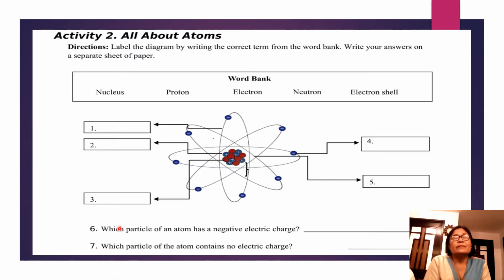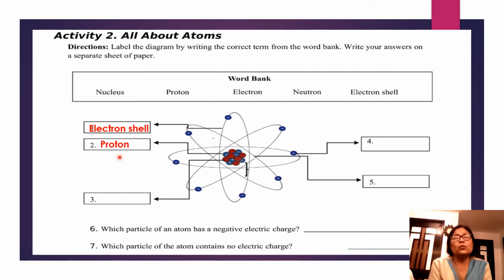Now let's proceed to Activity 2. This is all about atoms. Directions: label the diagram by writing the correct term from the word bank. Write your answers on a separate sheet of paper again. So, in number 1, what is your answer? This is the electron shell.